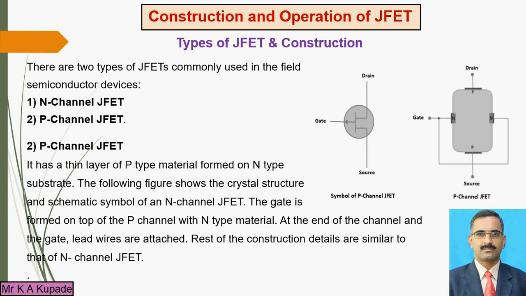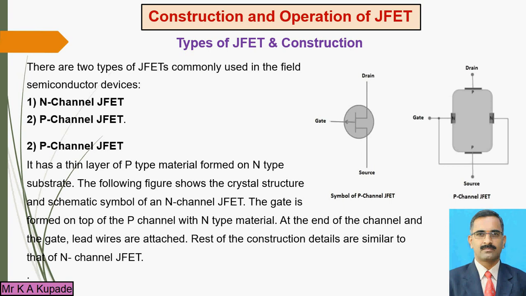By applying the reverse voltage to this gate terminal, you are controlling the flow of majority carriers. If you observe the symbol of the P channel, the arrow indicates the outward side at the gate terminal.